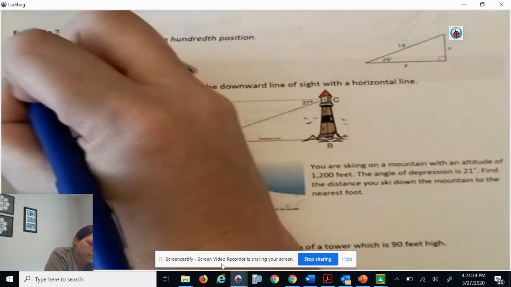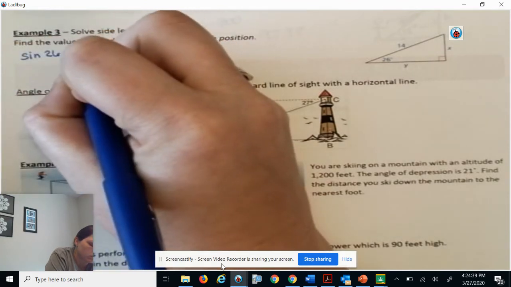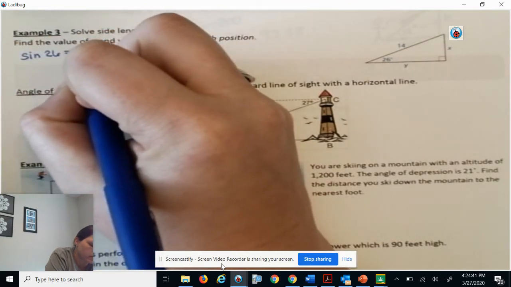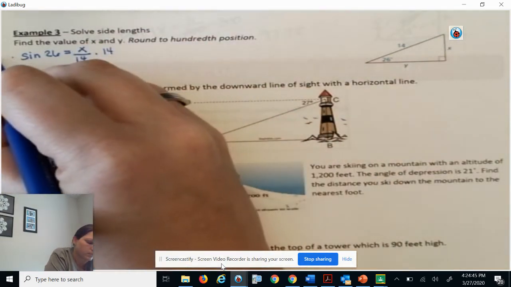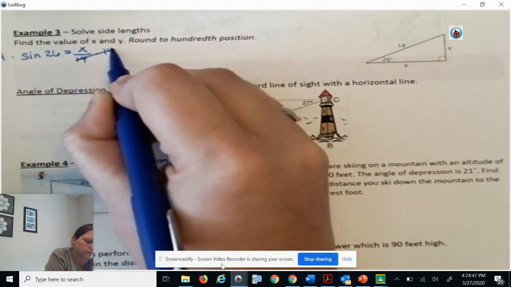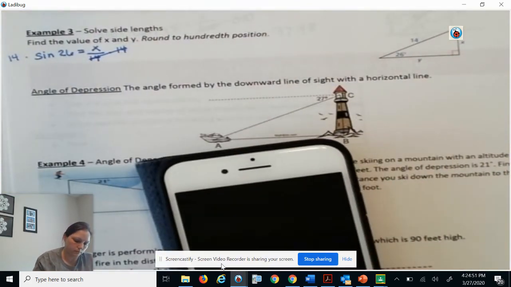Okay, so the sine of 26 is equal to x over 14. We canceled the fraction by multiplying 14 on both sides. And then we need to put this in the calculator.